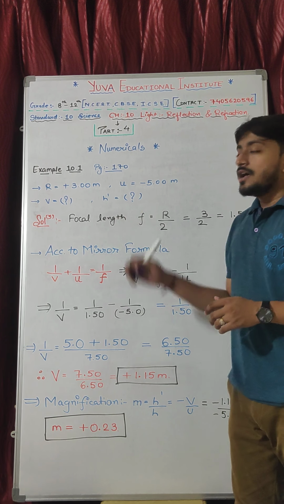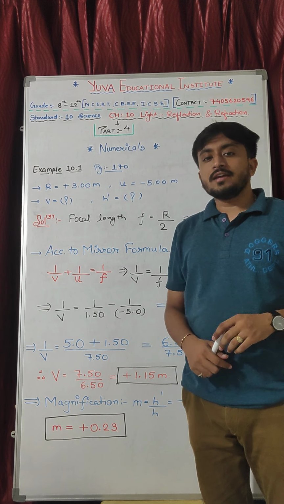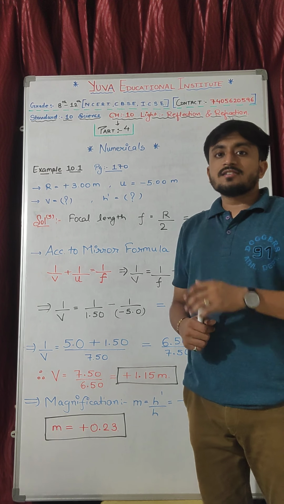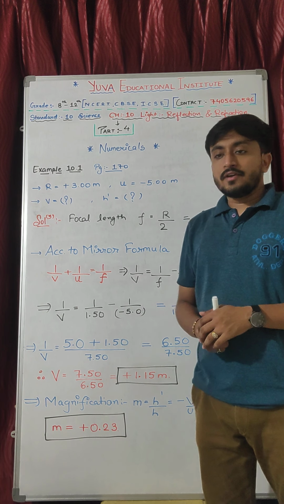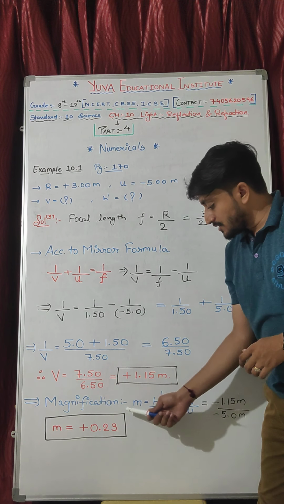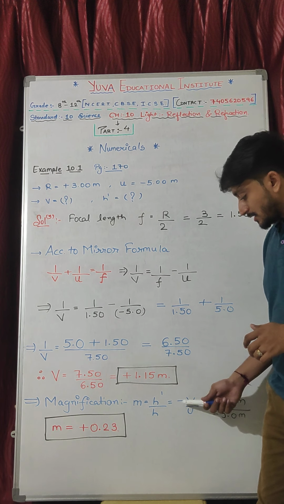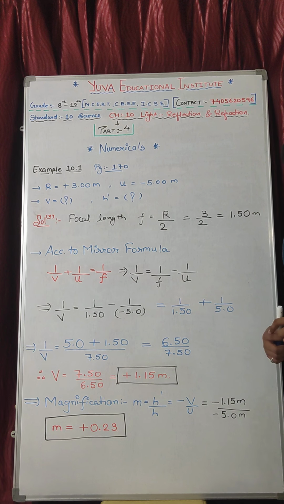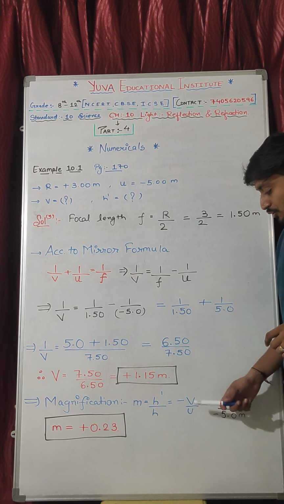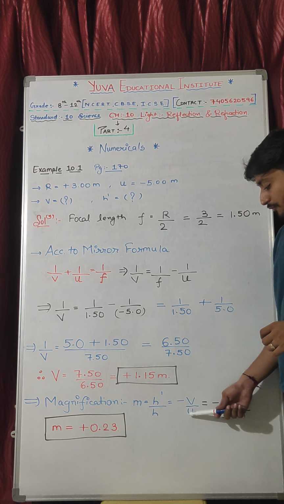Now the rest is height of image. Now how to find the height of image? So let's take the formula of magnification, right? Magnification is nothing but h dash upon h is equal to minus v upon u. Okay, yes, put the values. You have value of v, value of u.